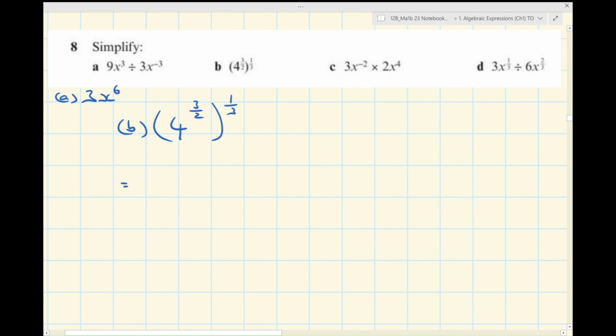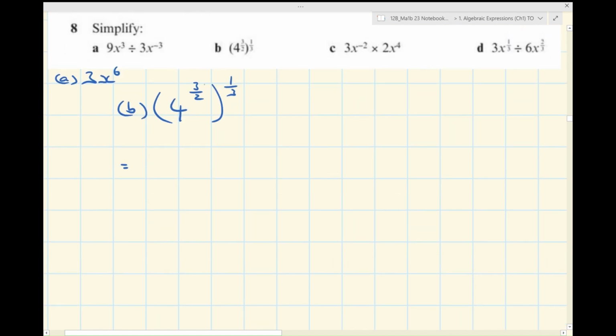Let's just think what that means in the bracket there. 4 to the power of 3 over 2 means 4 to the power of a half cubed, and then I'm finding the cube root of that. Well, the cube root of something cubed is just going to be the something. So I'm just left with 4 to the power of a half, so the answer is 2.